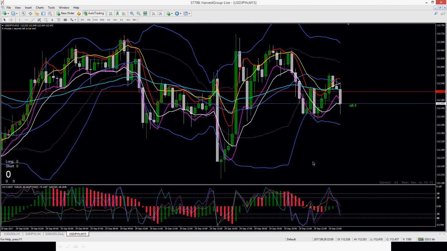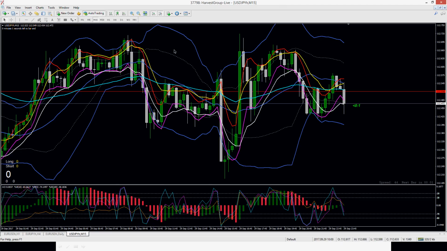M15 is also a sell setup. However, you have extreme sell here, extreme buy here, and you have a rejection of top BB over here, but no extreme A sell. This is extreme B because of the sideways Bollinger Band, and you have lost momentum over here, extreme division 1, and the price is still going sideways.